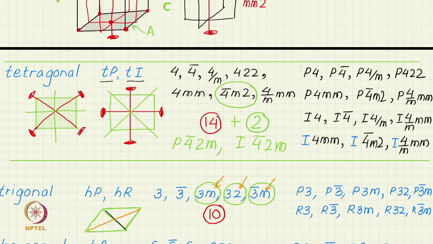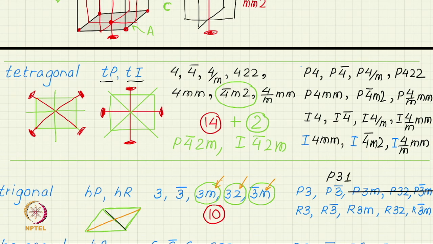So, really here this is not a complete description of the space group. This is not how in the international tables they will be given, but they will like to specify clearly along which direction the mirror or two-fold is aligned.